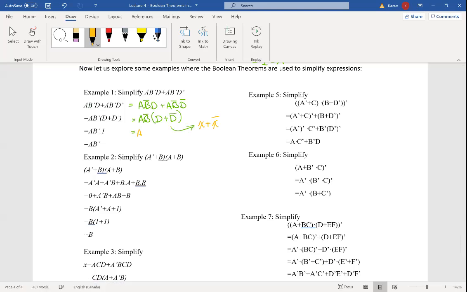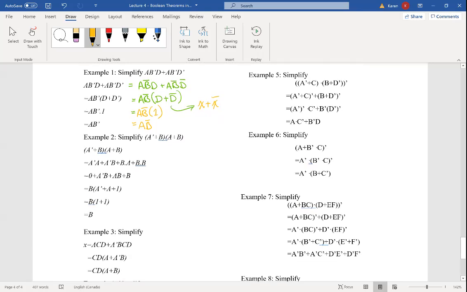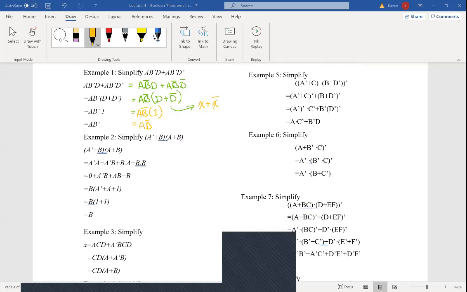So this is A, B bar times 1, which is the same as A, B bar. So write down beside all of yours and write them all by hand and find each theorem that you have used here. And next week will be entirely example problems of just using theorems.